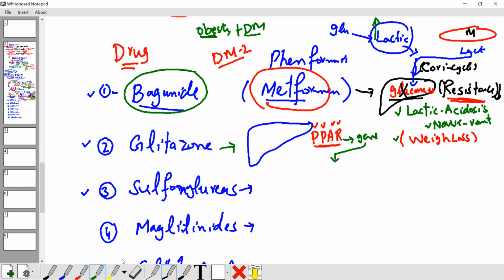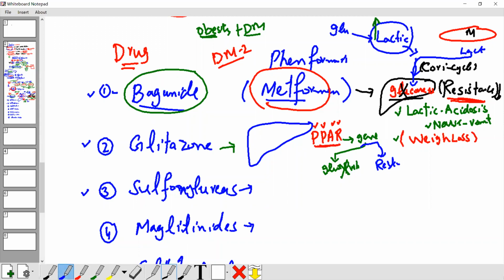And what happens inside the liver? Glucose production decreases. It also blocks gluconeogenesis. Another, second effect, is that it also helps to improve insulin resistance.